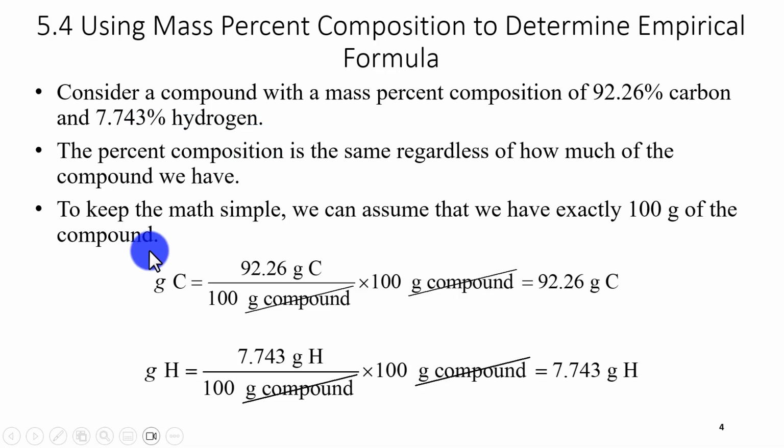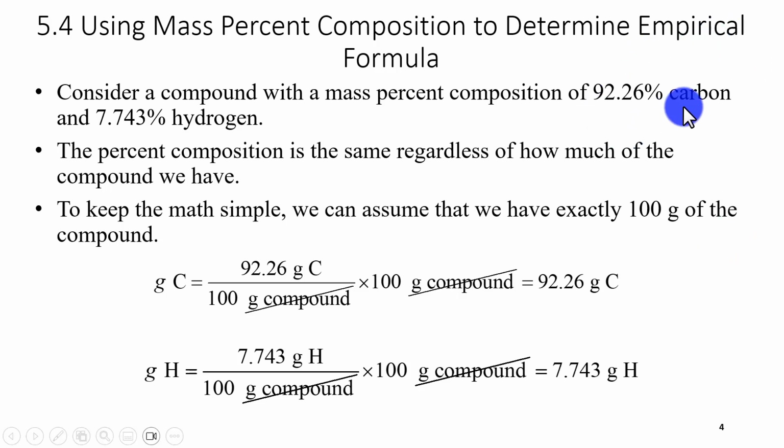So to do these problems and keep the math very simple, we can assume that we have exactly 100 grams of the compound. And you'll see why that is easy. In these types of problems, I encourage you to get in the habit of assuming, unless it is specifically given to you, just assume 100 grams of the compound because it is easy for the math.